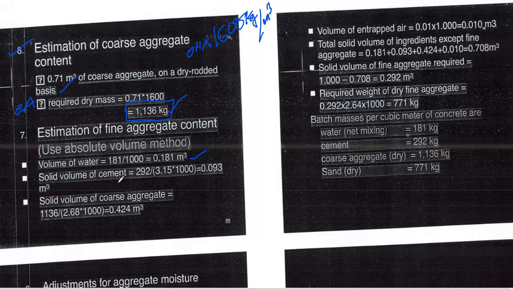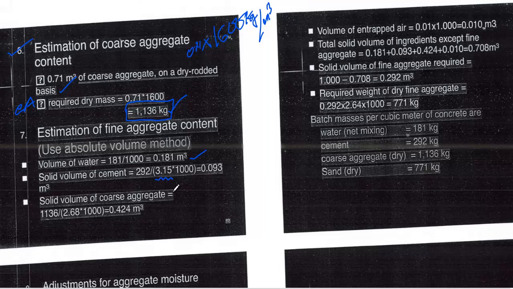And solid volume of cement. So in case of cement, you need to divide by the specific gravity, but the specific gravity of cement is not 1. The specific gravity of water is 1. That's why you can simply divide it by 1000. Do you understand what I'm talking about? So for cement, the usual specific gravity is 3.15.